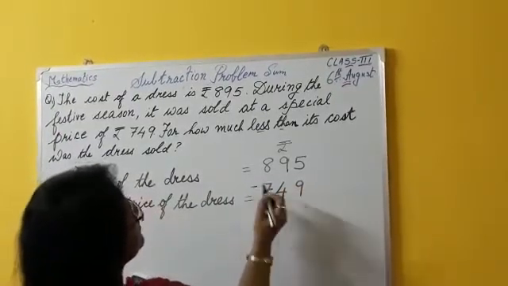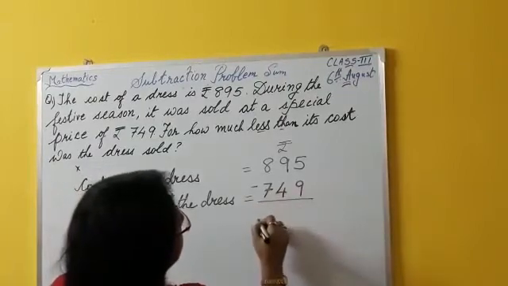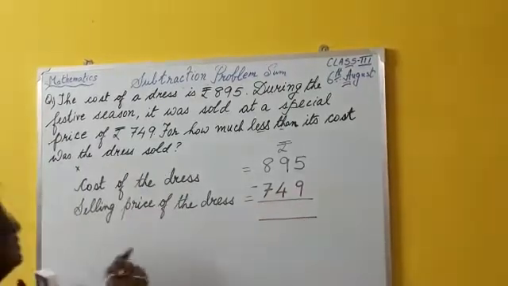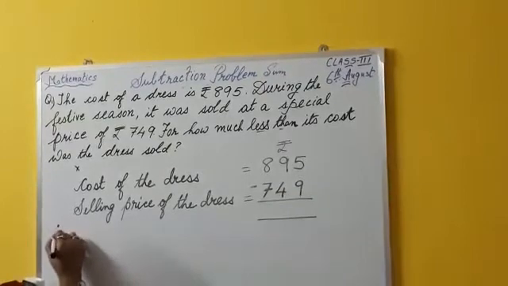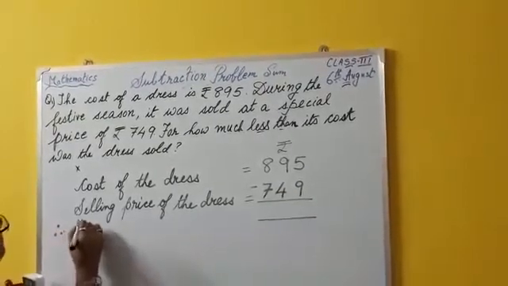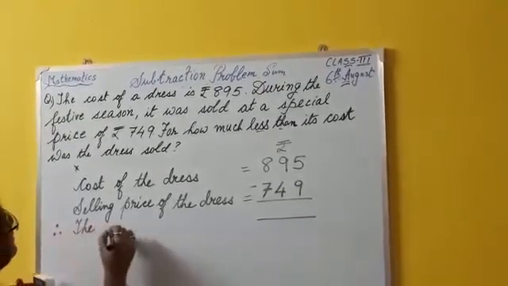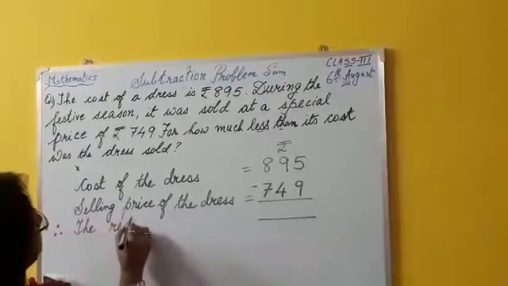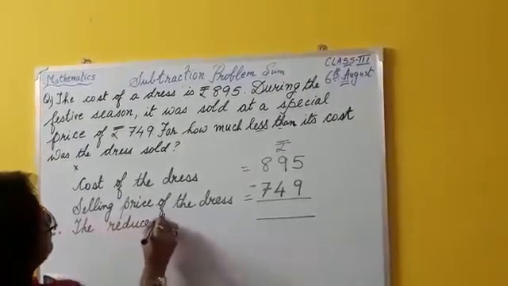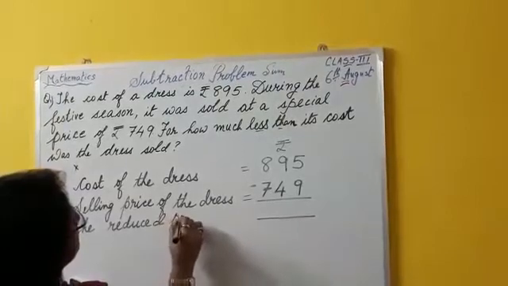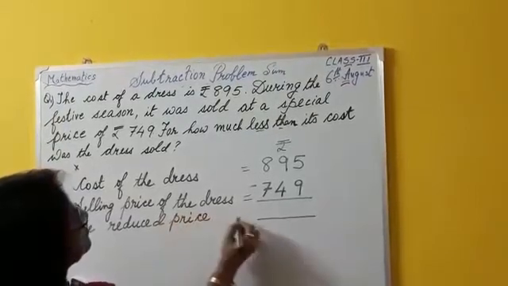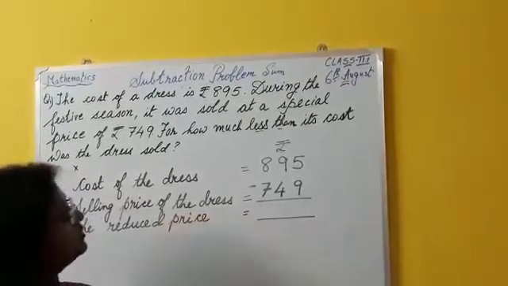Now you have to subtract. The third statement: therefore, the discount, reduced price, equals to how much you have to find out.